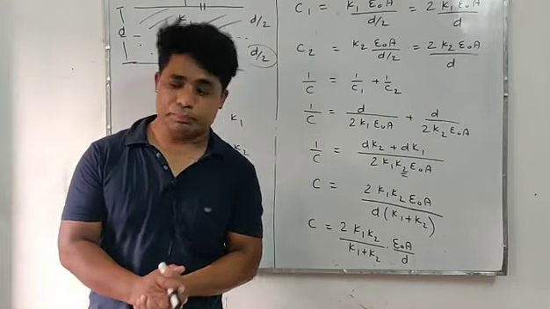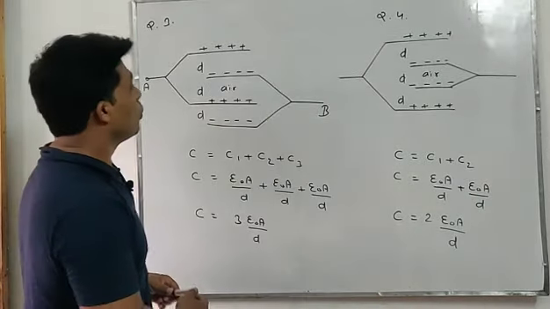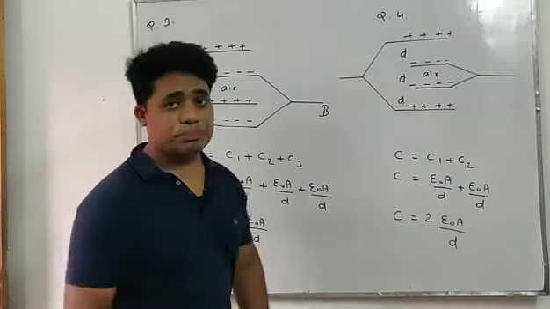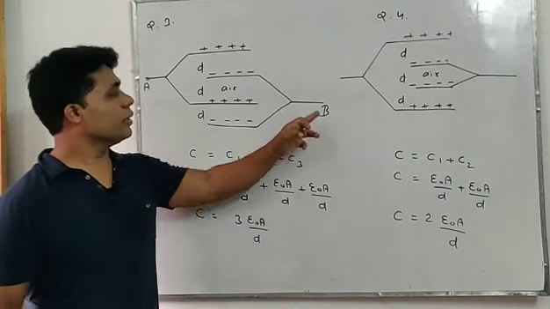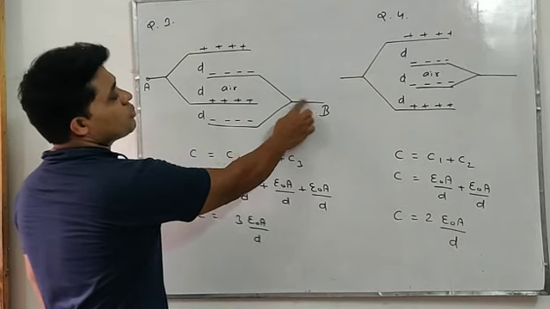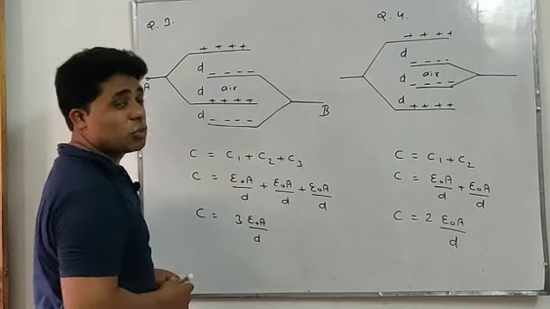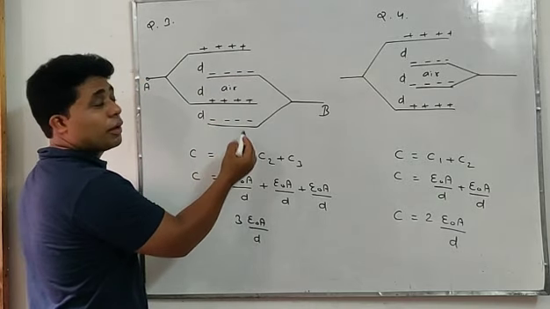Now students, this is question number 3, again based on parallel plate capacitor. Look at students, this time we are given two different circuits. We are given two terminals A and B. A is connected to these two plates and terminal B is connected to these two plates, plus minus plus minus.